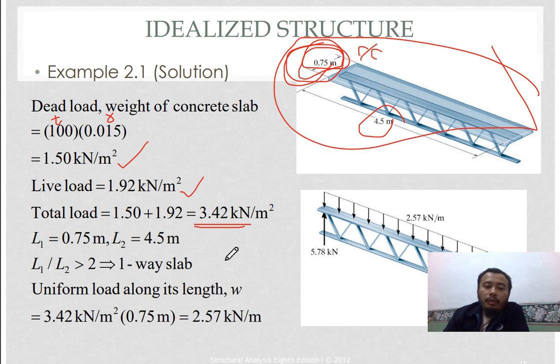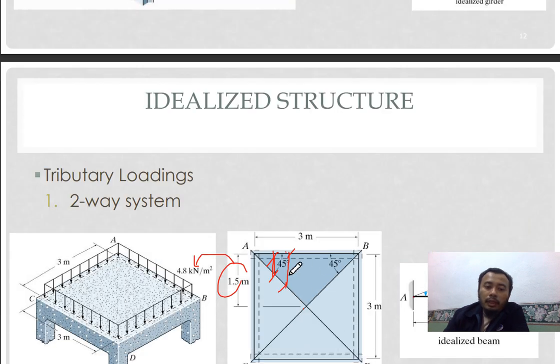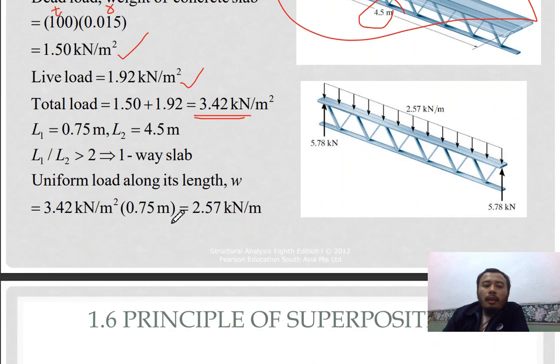When it is a two-way slab, the loading is more simple, and there's no need to draw a 45 degrees like this. And then uniform load is calculated. So the loading times the breadth, you get your UDL, uniform load across the joist.